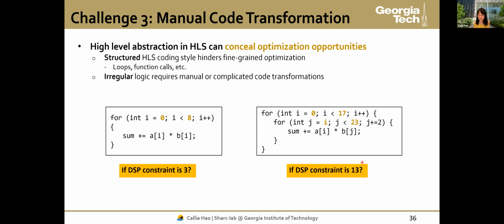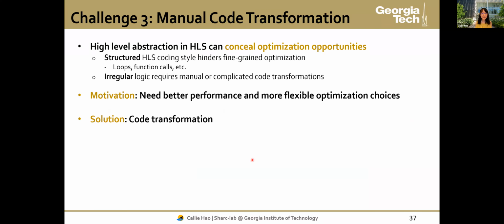And what if we have 13 DSPs? This kind of thing will complicate the problem. And in real cases, we're probably going to see more and more annoying constraints. So by facing these types of code and optimization requirements, sometimes we really need better performance and we need more flexible optimization choices.